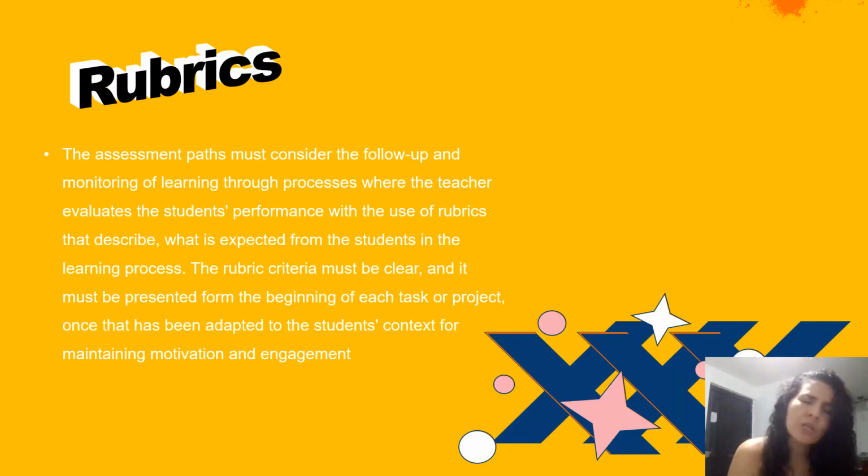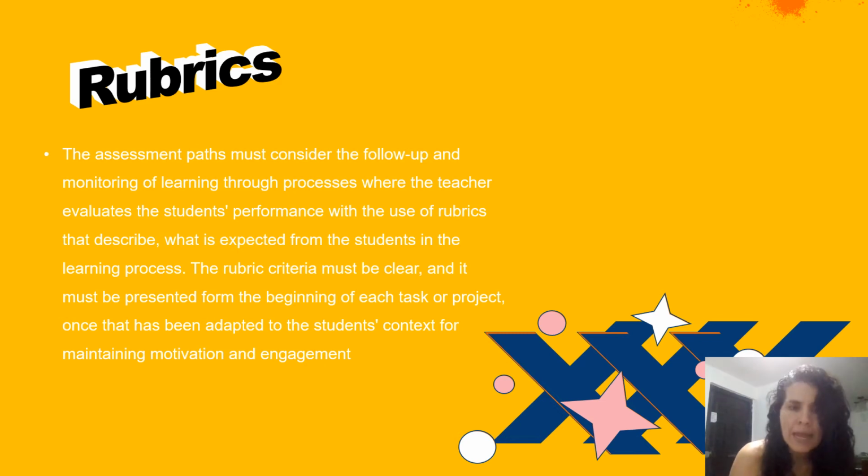In this stage, it's important to establish that for this methodology, the method that is applied in the schools, the rubrics are a critical point. The assessment paths must consider the follow-up and monitoring of learning through processes where the teacher evaluates the student's performance with the use of rubrics that describe what is expected from the students in the learning process.